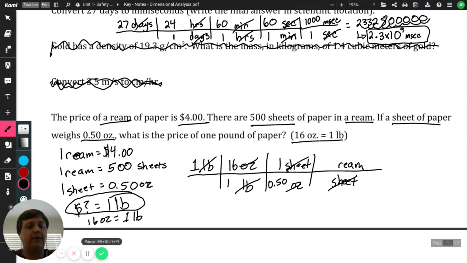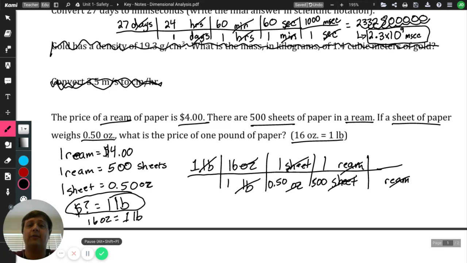So I know that there are 500 sheets for every 1 ream of paper. All right. Well, the ream is still not quite what I'm looking for. I'm trying to get into money, right? So cancel it out, drop it low. Every time you drop it low, if it's not what you're looking for, it's going to go down to the bottom because you're going from and to, right? Just like a gift tag. You go from something to another something.